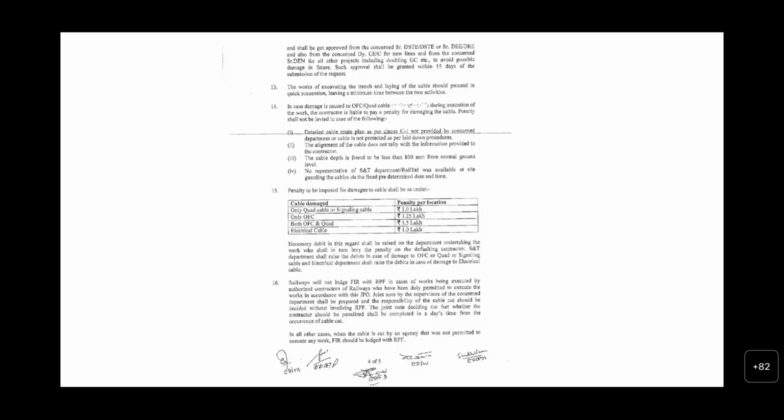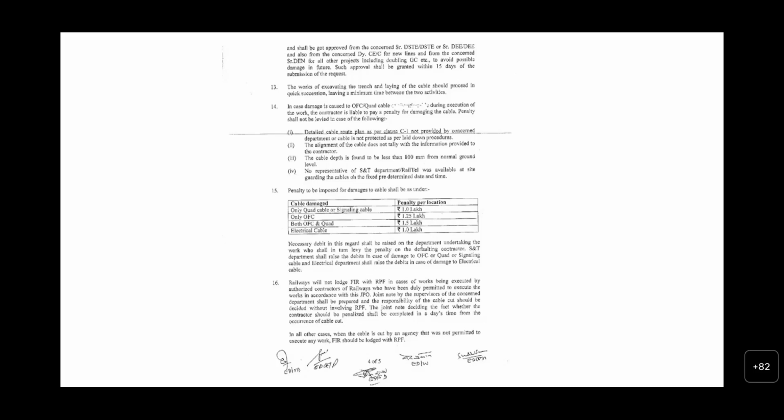These debits shall be raised on the department undertaking the work, who shall in turn levy the penalty on the defaulting contractor. The SNT department shall raise the debit in case of damage to OFC, quad or signaling cable, and the electrical department will raise the debit in case of damage to electrical cable.